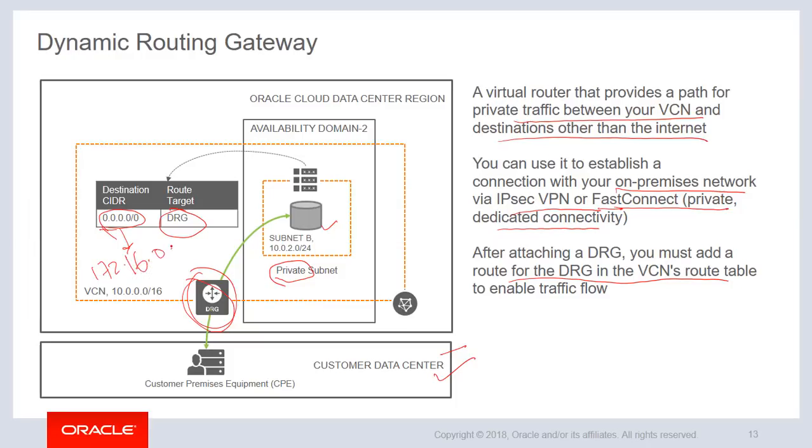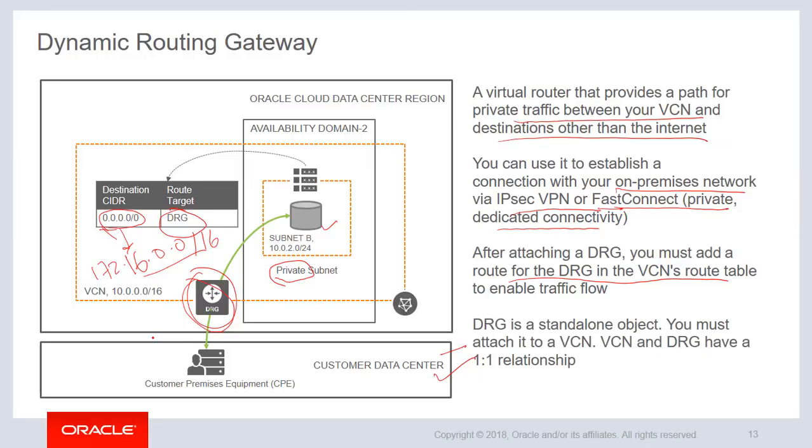It could be something like this IP, and you could send traffic to that particular destination. Remember that a DRG is a standalone object. You must attach it to a VCN, and the VCN and DRG have a one-to-one relationship, meaning a VCN can only have one DRG, and a DRG can only be attached to one VCN at a time.